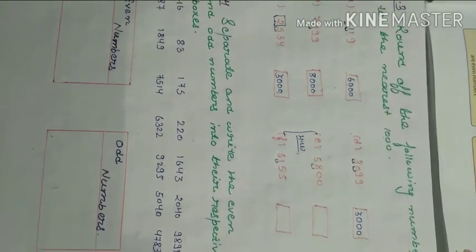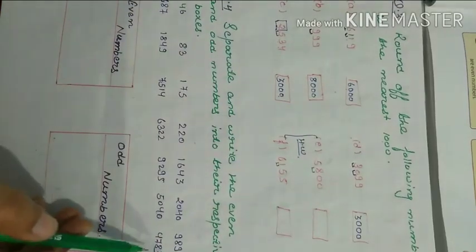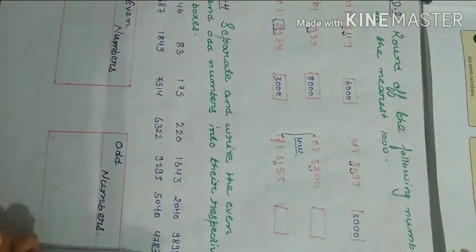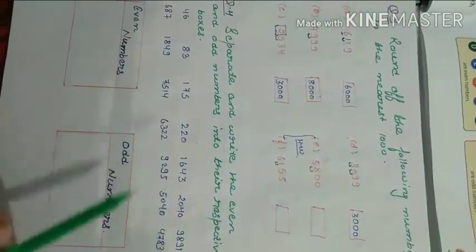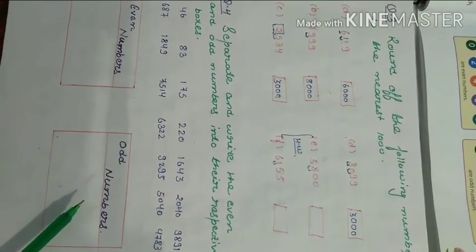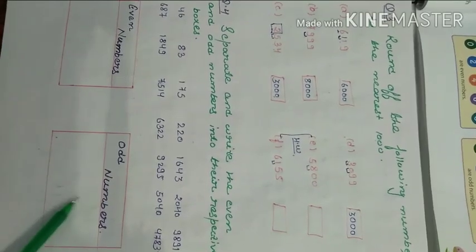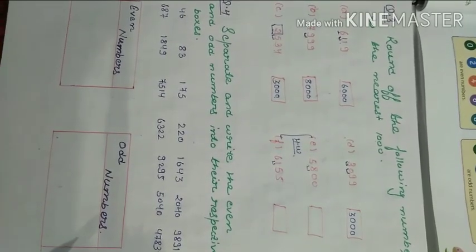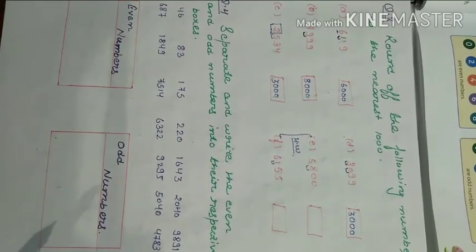Students, question number 4 is, here we are having some numbers. Now you have to separate the numbers and you have to write even numbers and odd numbers in their respective boxes. Okay, you all know even numbers and you all know odd numbers.